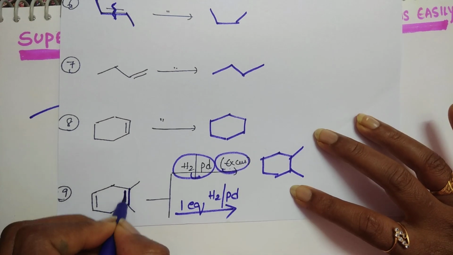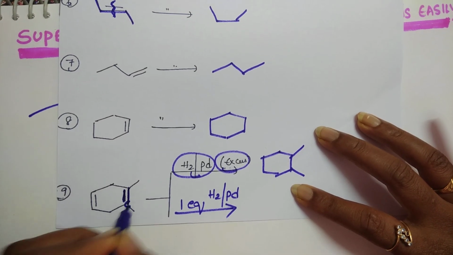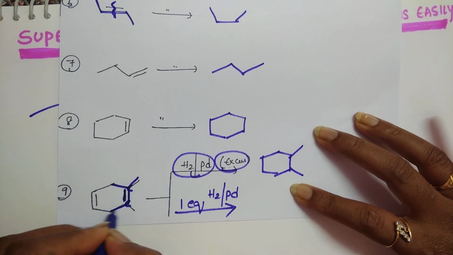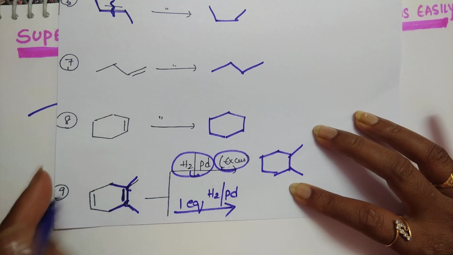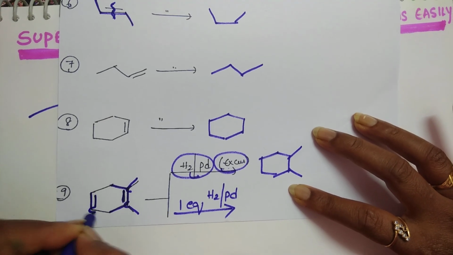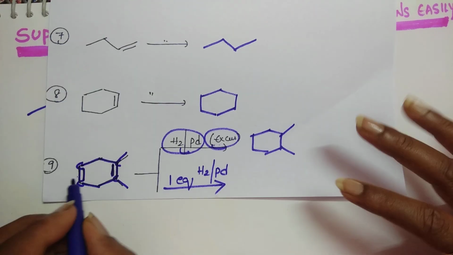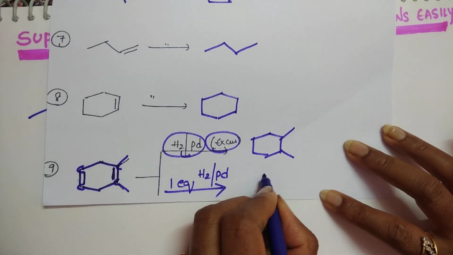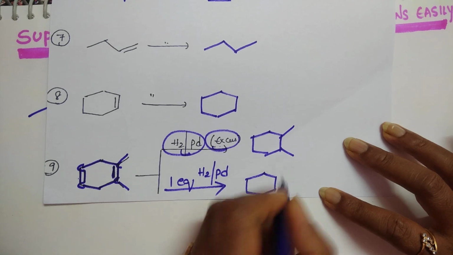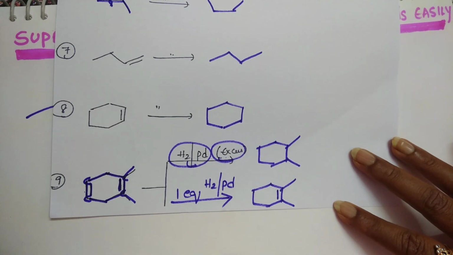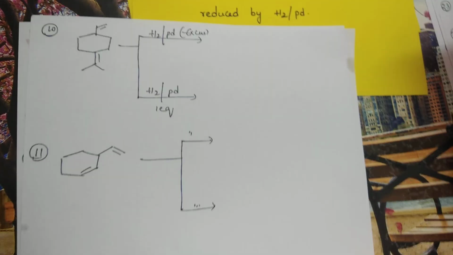Wherever the double bond is, this carbon is connected on this side and this side too, so it is more crowded. But here this double bonded carbon is connected on one side, so it is less crowded. That's why the less crowded side will react faster. The more crowded one will remain as it is. Is it clear? Let's see the next question.